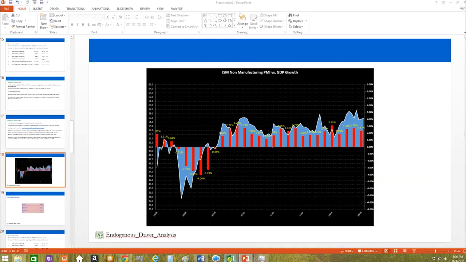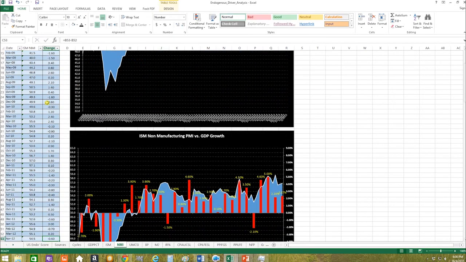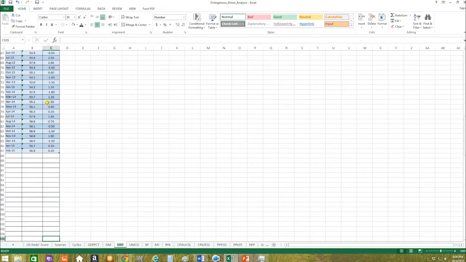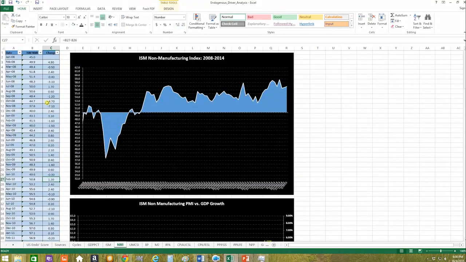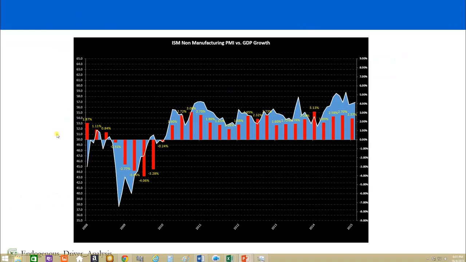Now what we can do is go over to the spreadsheet. We've built this in exactly the same way as we built the ISM, but the data only goes back to January 2008. So familiarize yourself with the data, make sure you go through it.